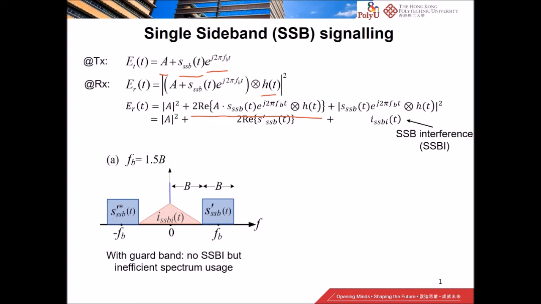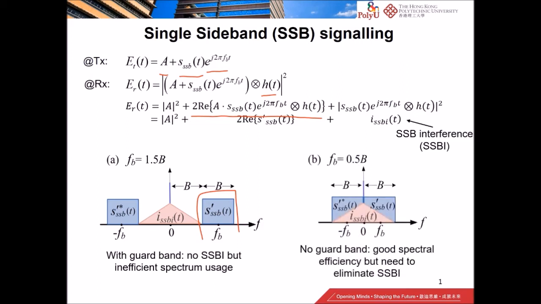This is what we call a guard band SSB signal. The advantage is, as the figure shows, there is no spectral overlap, so you can easily filter out the single sideband signal without distortions and interference.